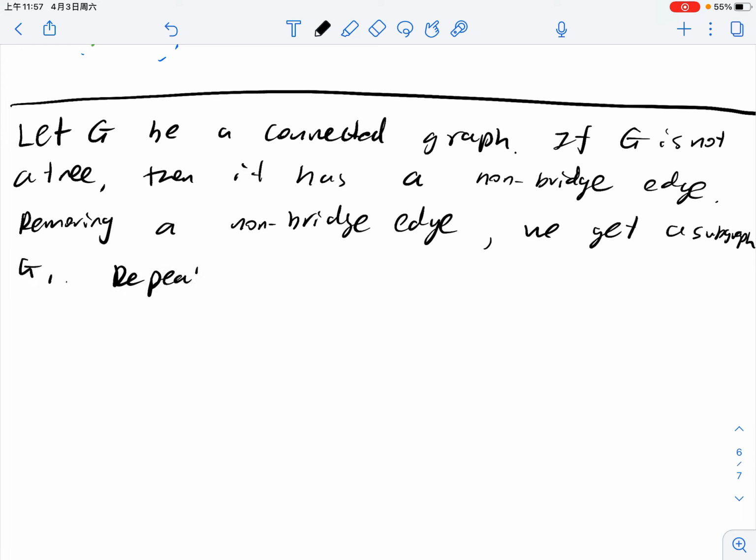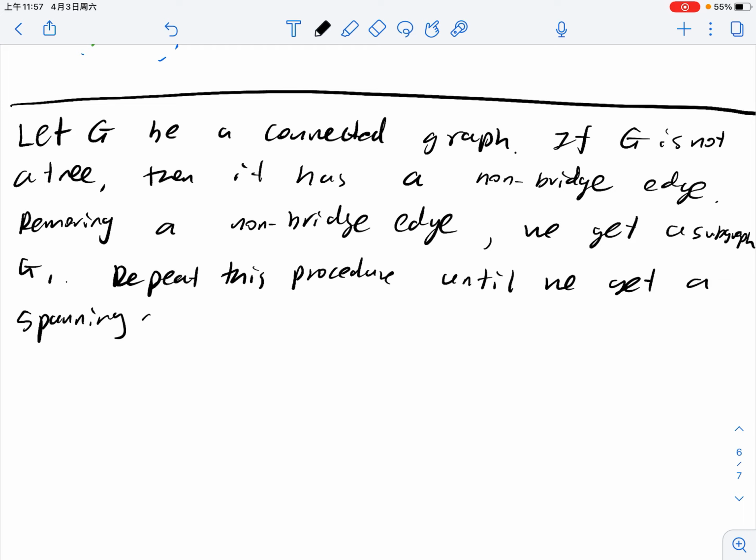Repeat this procedure until we get a spanning subgraph, which is a tree. Spanning means they share the same vertex set as G.